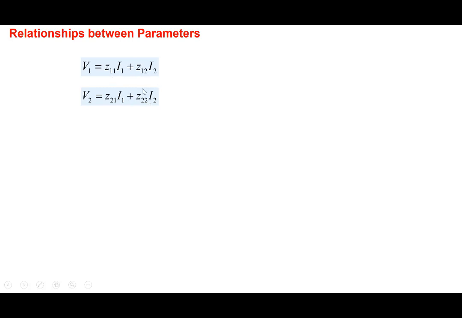Well, it's easy to manipulate this and write it in this form here. You can express I1 in terms of these parameters here. You could take these two equations and cast it in this form, and therefore you could obtain Y11 in terms of Z parameters, Y12 in terms of Z parameters, Y22 also in terms of Z parameters here.